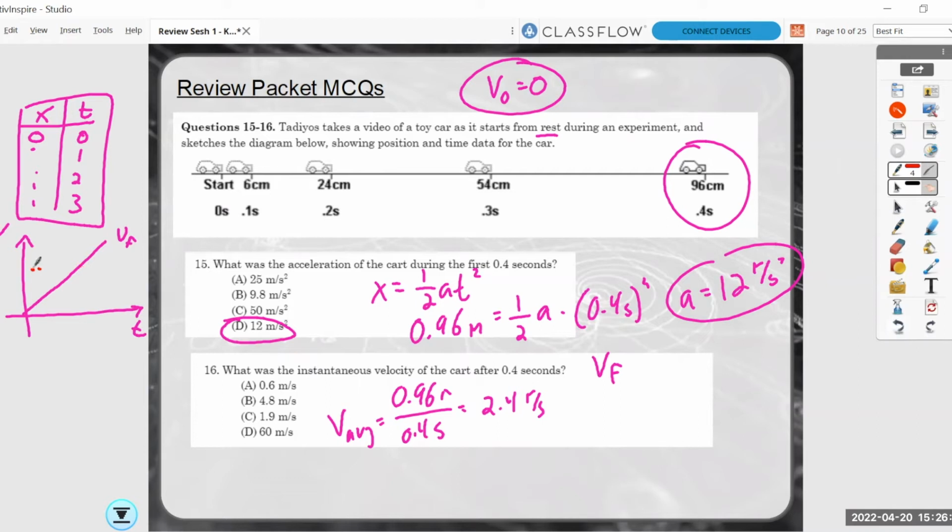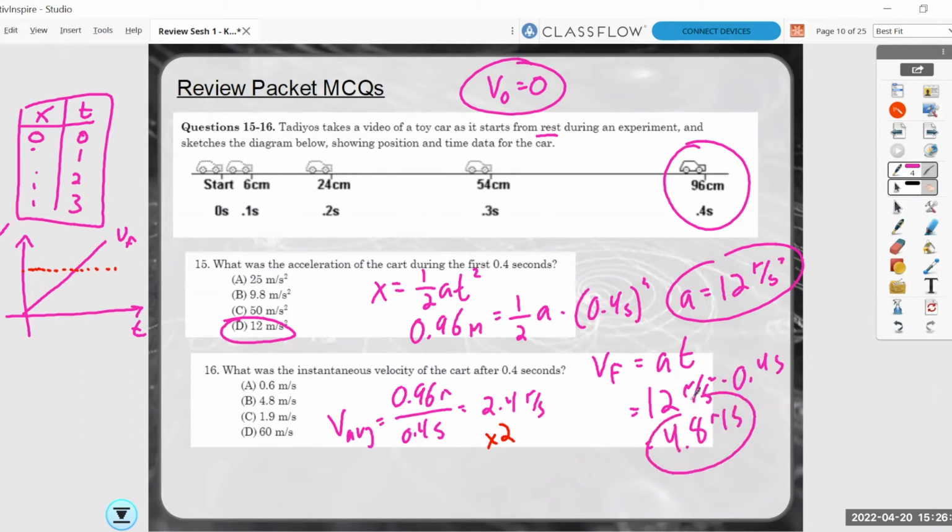So sometimes you can use a handy trick, which is that the answer is going to be 2 times the average velocity. But the better way to do this is to say, I know that we start at rest, so my final velocity is going to be acceleration times time. I've got a 12 meter per second squared acceleration times 0.4 seconds, which gets me 4.8 meters per second.